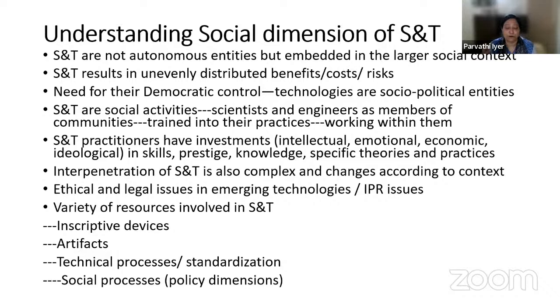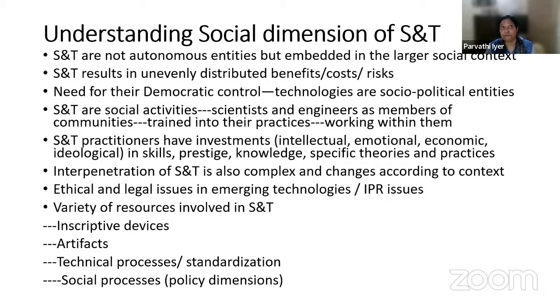And of course, in social processes, there are policy dimensions, because policy would influence the kind of artifacts that are permitted and the kind of standardization that is happening. For instance, in drugs and pharmaceuticals, you have Schedule M for production of bulk drugs and formulations.